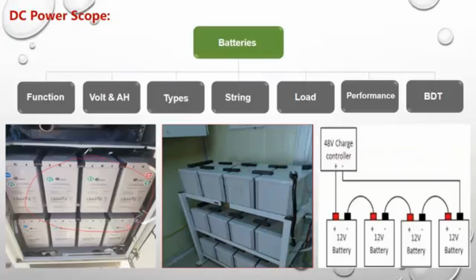So if the ampere hour of this battery type is 155 ampere hour, it means these batteries can supply a load of 155 amperes for 1 hour. This should be what happens, but actually it gives me 155 amperes for 45 minutes or 40 minutes, depending on the battery efficiency, all right?